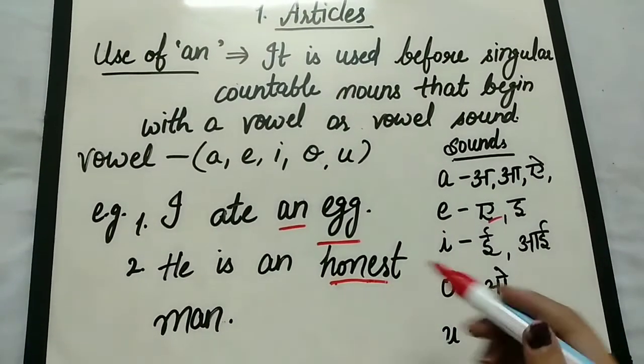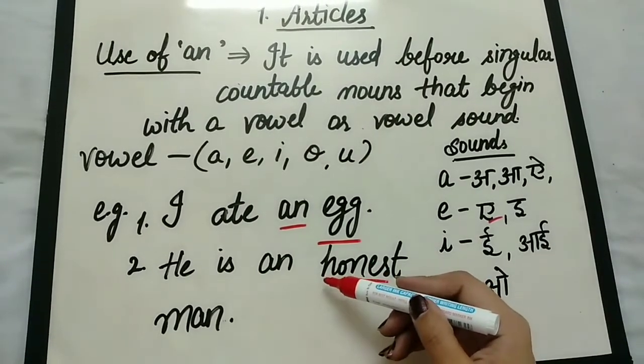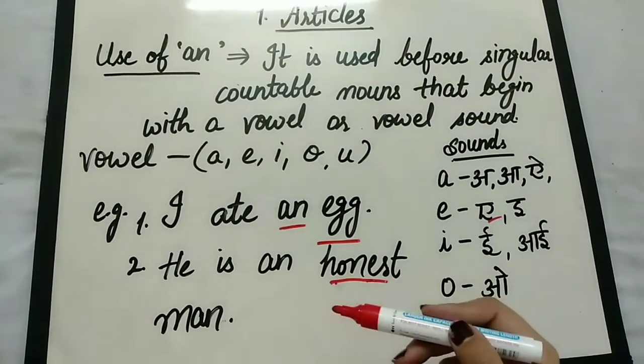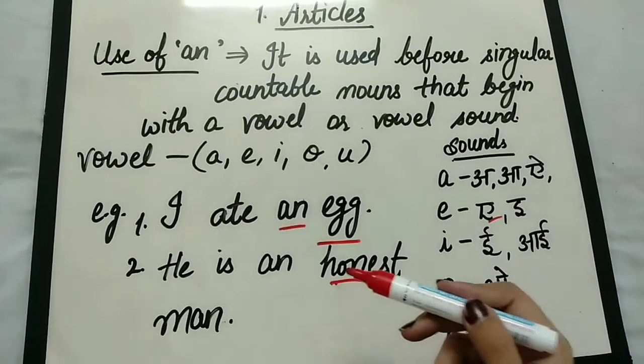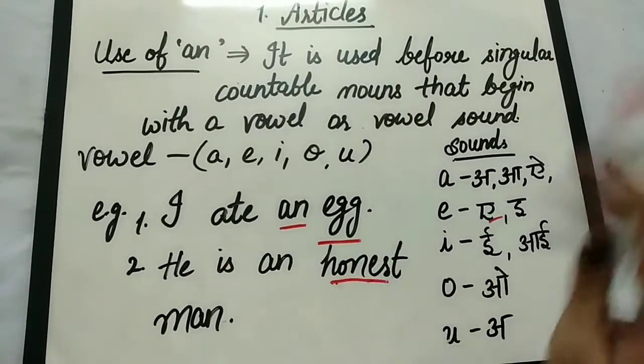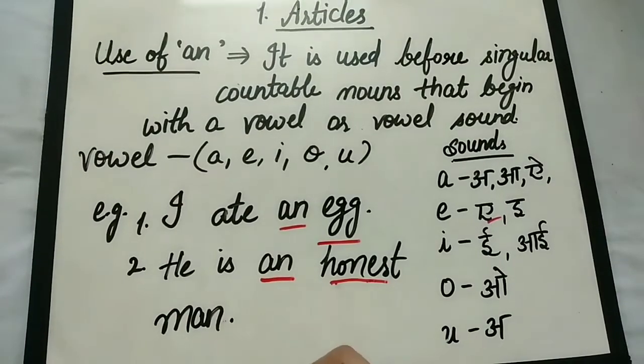Although it begins with the letter H, which is a consonant, when we pronounce it, the pronunciation has the vowel sound O. Honest man. He is an honest man. So that's why we have used an.